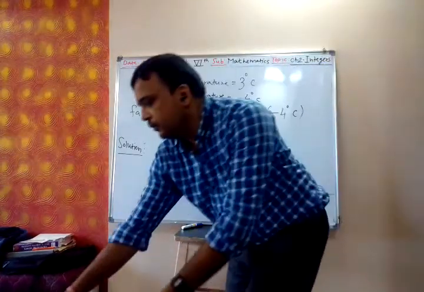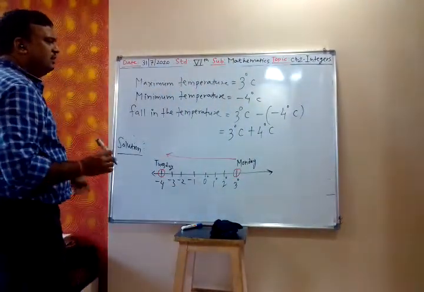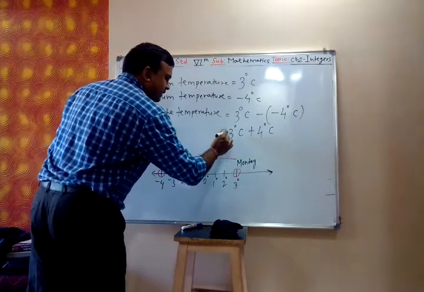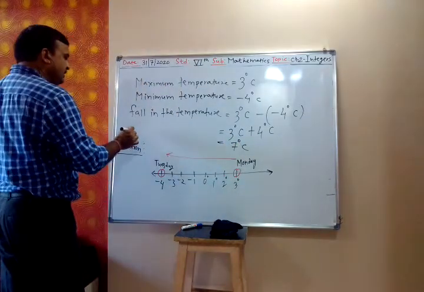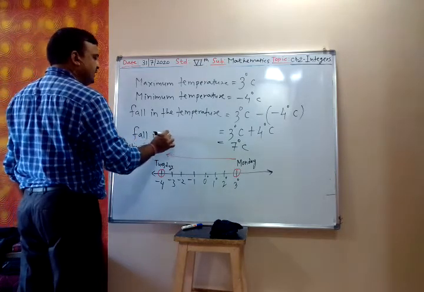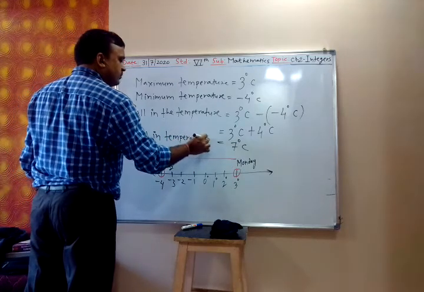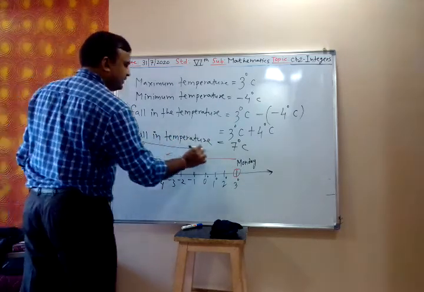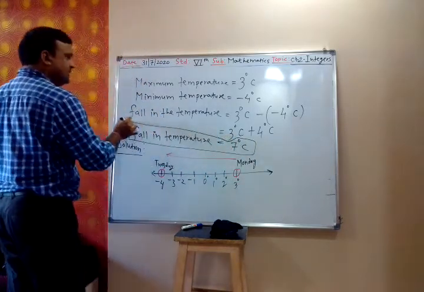What is 3 plus 4? 7 degrees Celsius. So the fall in temperature is 7 degrees Celsius.